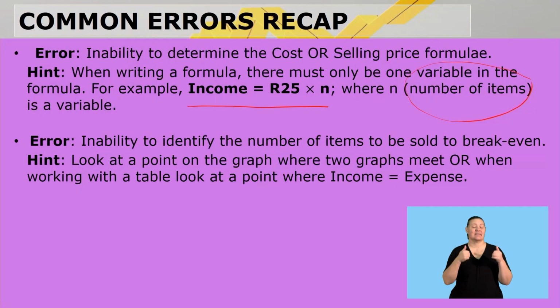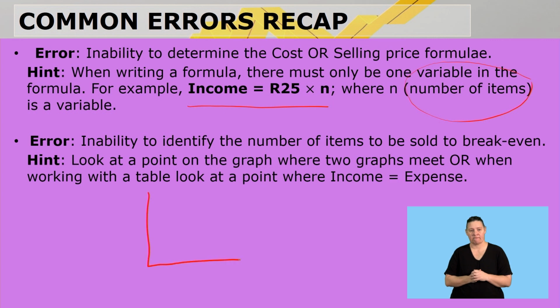And then the next error is the inability to identify the number of items to be sold to break even. The hint, look at a point on the graph where the two graphs meet, or when working with the table, look at the point where the income is exactly the same as the expenses.